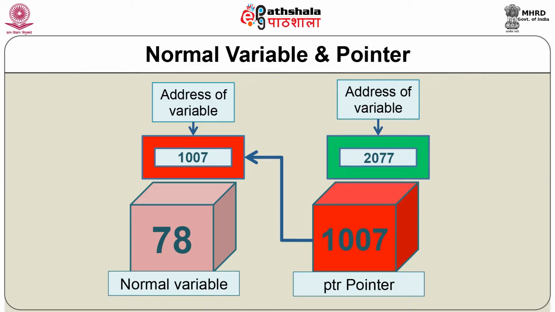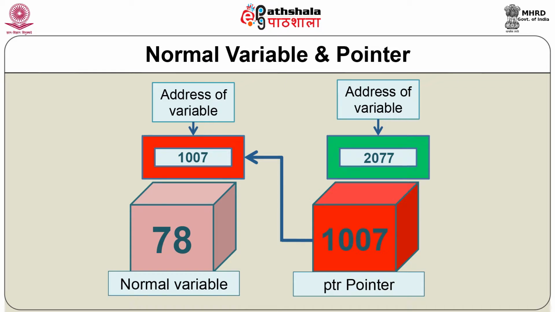The left block in this picture is a normal variable, with value 78 and address 1007. The right block is a pointer variable, which stores the address 1007. Note that a pointer is also a variable which has a different memory location.